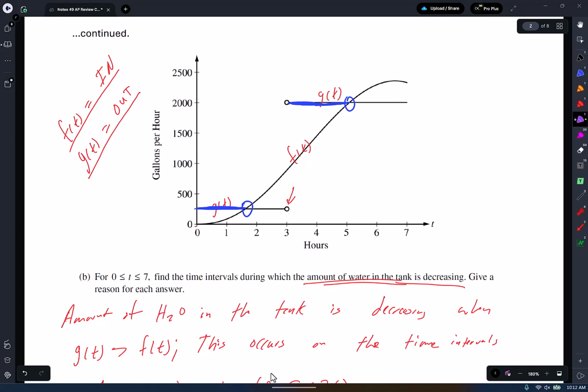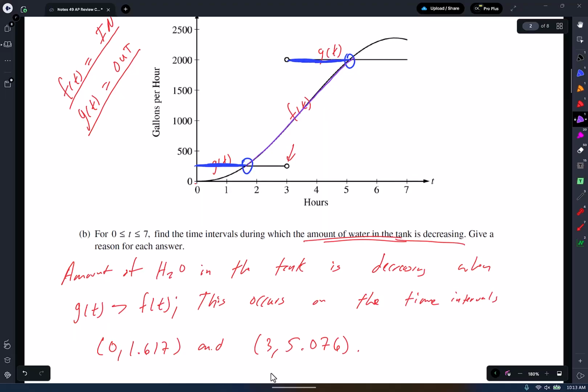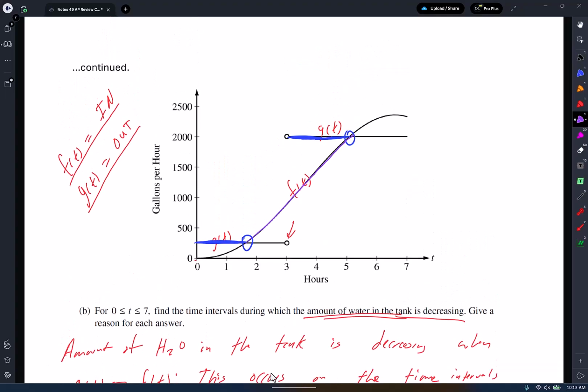And then between 1.617 all the way to that moment, I have more. Wait, is that decreasing or is that increasing? Oh, yeah, because I have between here and here. Okay, no, not all the way over there. Between 1.617 and 3, the amount of water is increasing because there's more water going in than out.